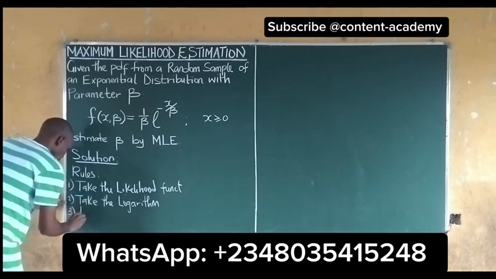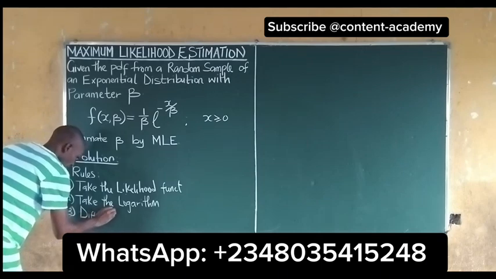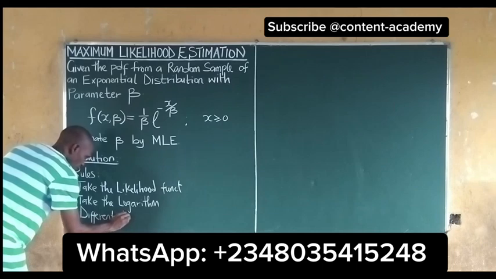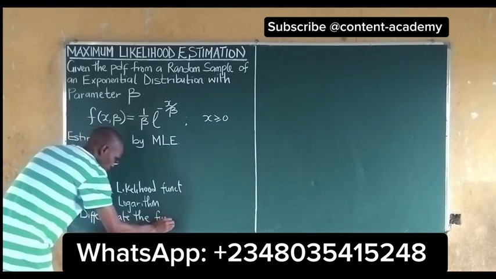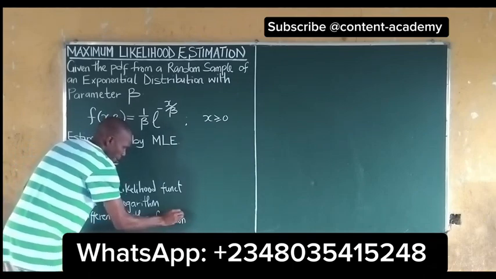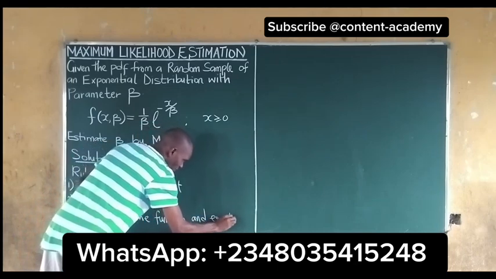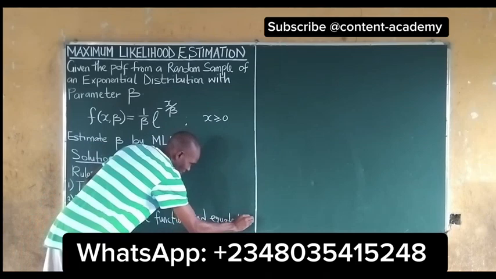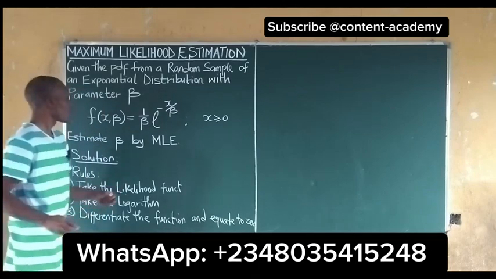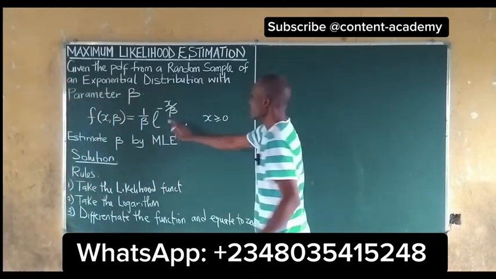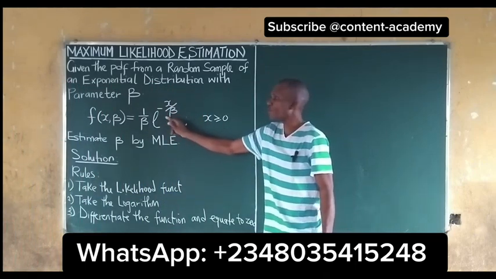The third thing to do is to differentiate the function and equate to 0. So these are the things we'll do. We'll move over to this side. This is the function. The first thing to do is to take the likelihood function.